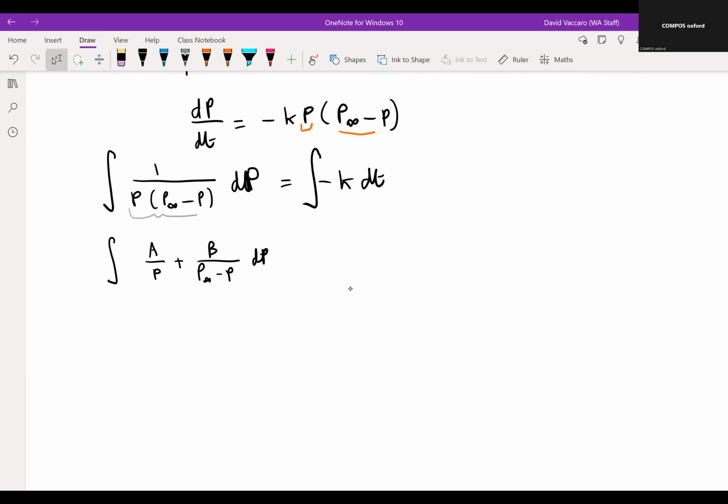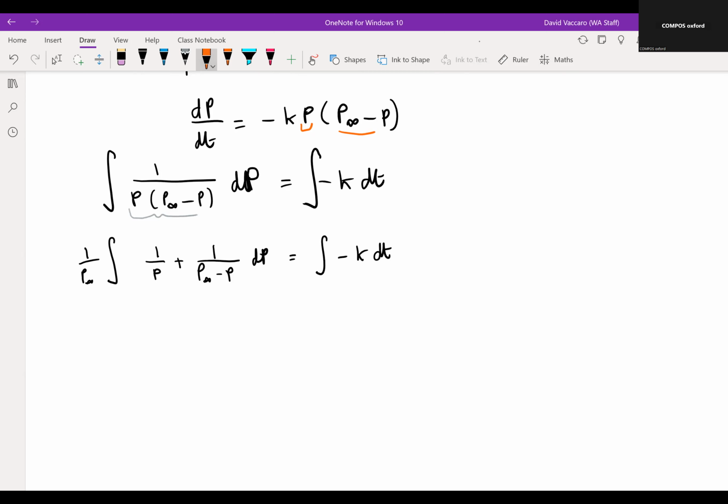Well, if I just make a and b equal to 1, this would have the right denominator, but would be p infinity minus p plus p, which would just be p infinity. So I could write this as 1 over p infinity, and this is equal to minus k dt. Okay, I think I'm happy with that.